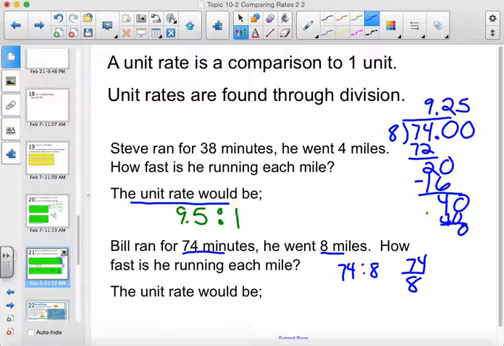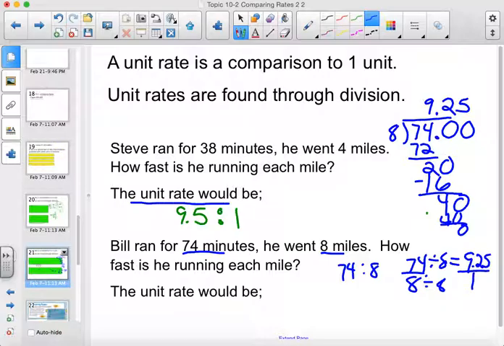So our unit rate for this one, if we divide by 8, we end up with 9 and 25 hundredths minutes compared to 1 mile.